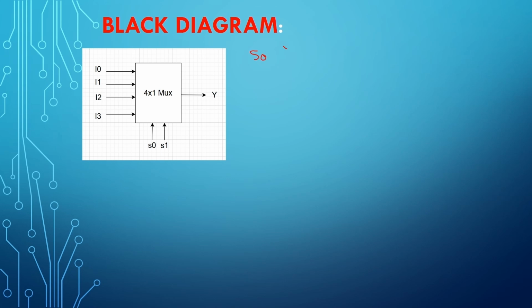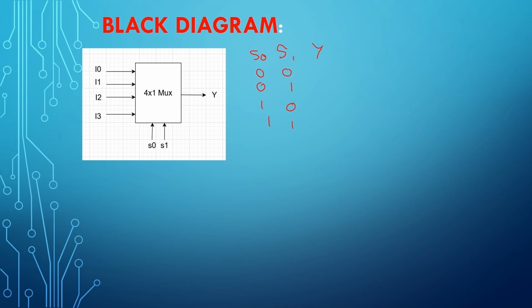S0, S1, Y. Here we have two selection inputs, so we get four possible combinations: 0 0, 0 1, 1 0, 1 1.